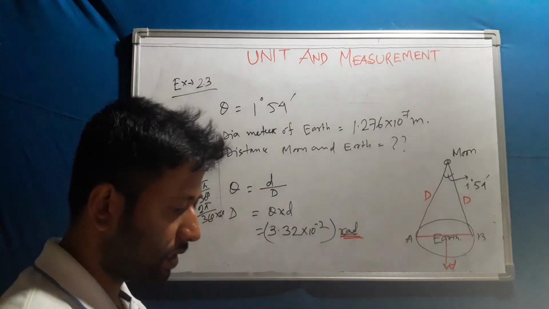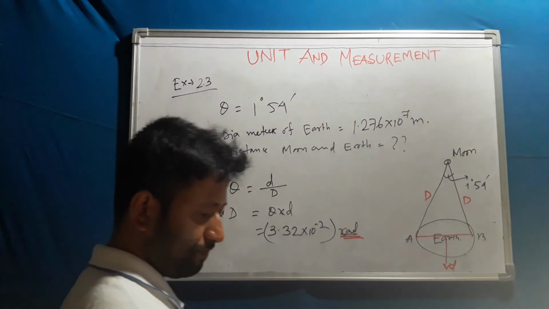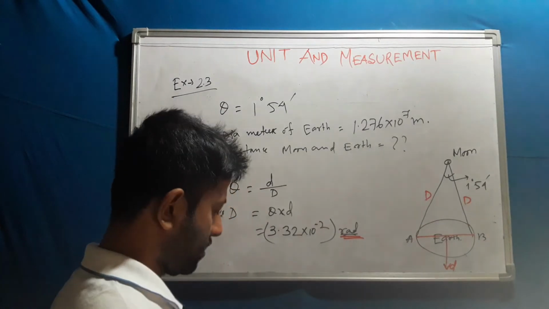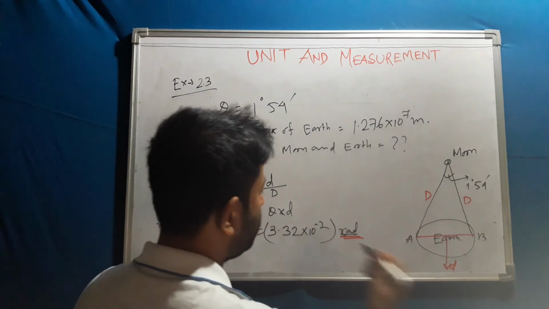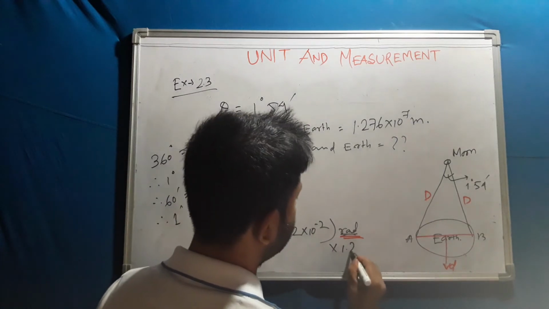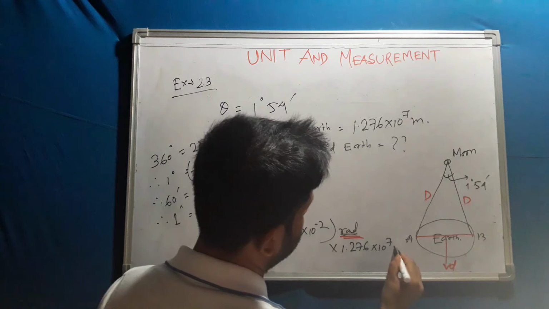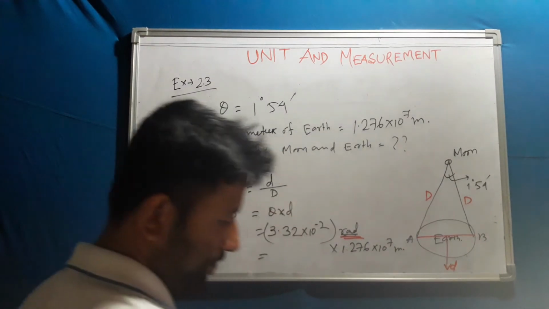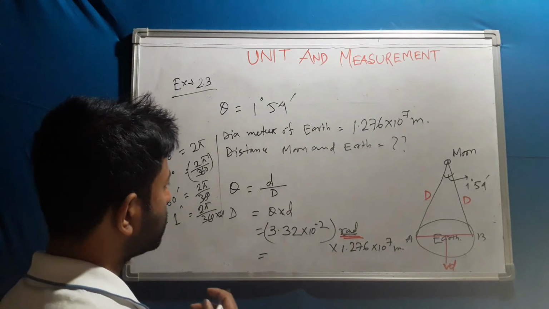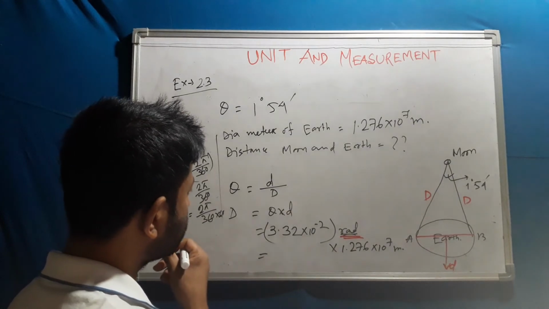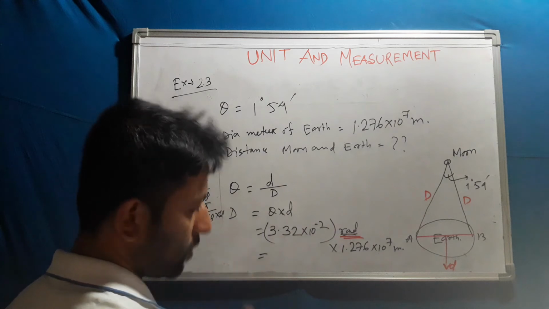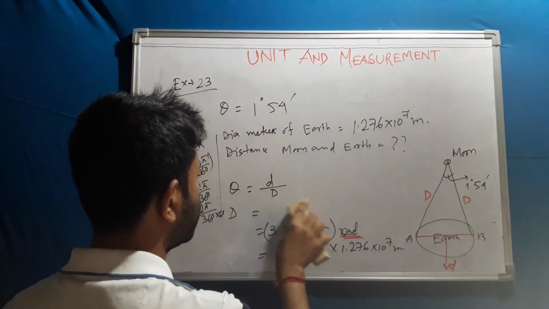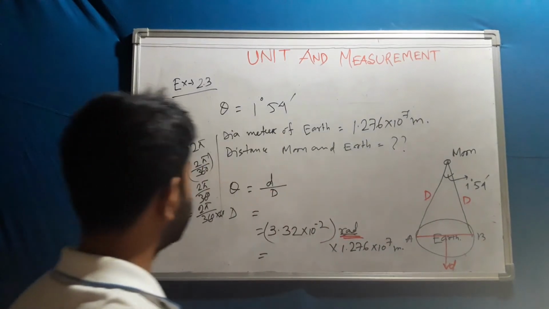And the diameter they have given in meters is 1.276 into 10 to the 7 meter. I have made some mistakes here, because I need D now.